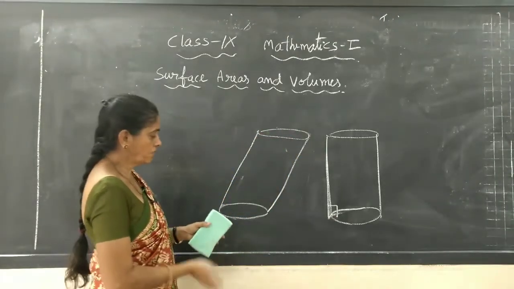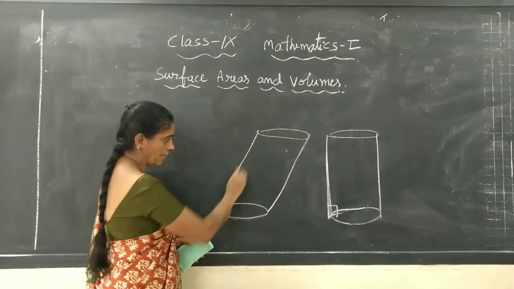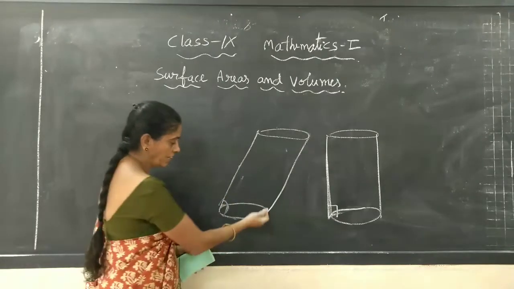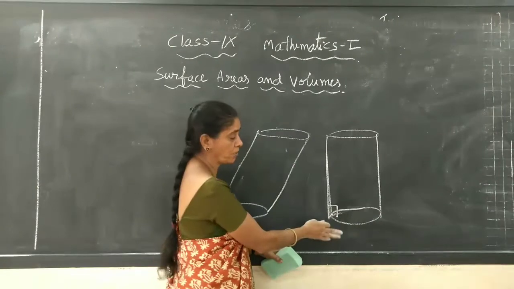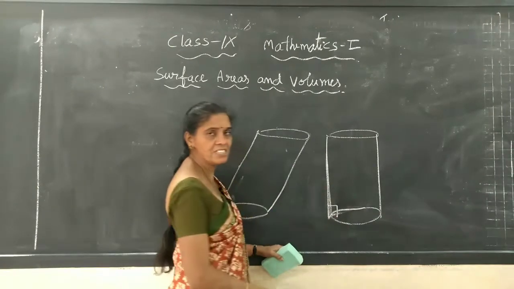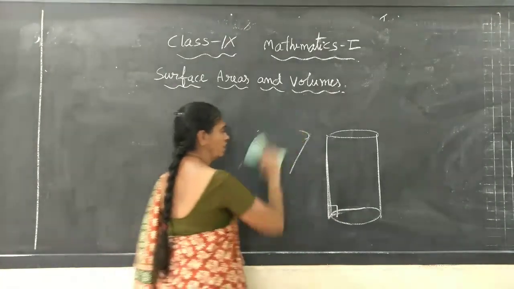In this type of cylinder, the angle here is not 90. The angle between the curved surface, at any particular point, and the base is not 90. In this chapter we are considering only the right cylinder, or I will just say cylinder. It is not this cylinder we are referring to. Okay.